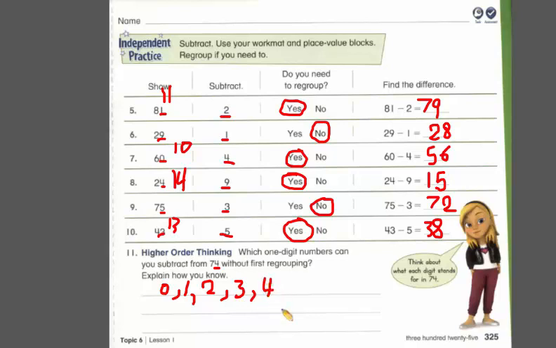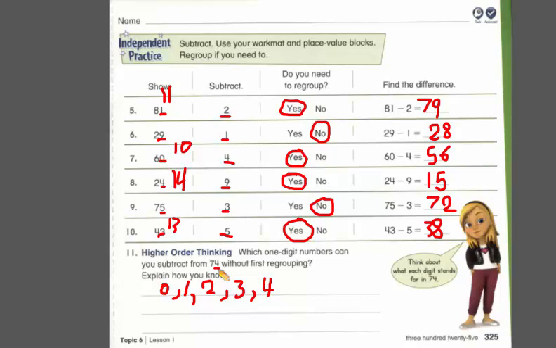So the other one-digit numbers have more ones than the 4 ones in the 74. So we need to regroup. That's why we will not use them. So we'll stop at 4. Because if you say 5, 5 is greater than 4, then we need to regroup. And here we want to know only the numbers that need no regrouping.